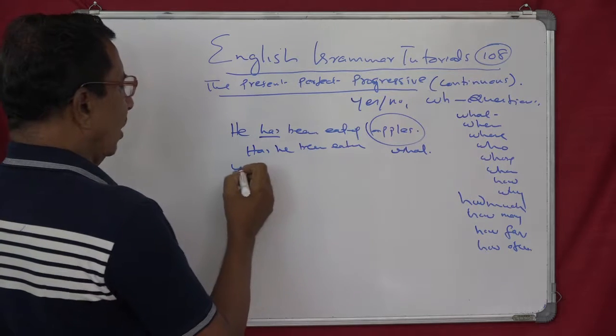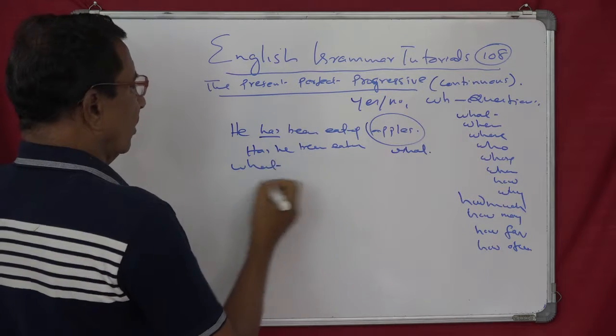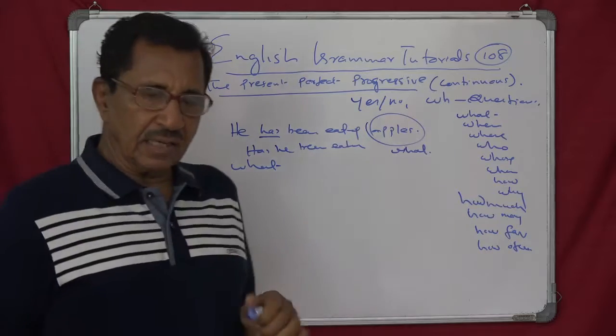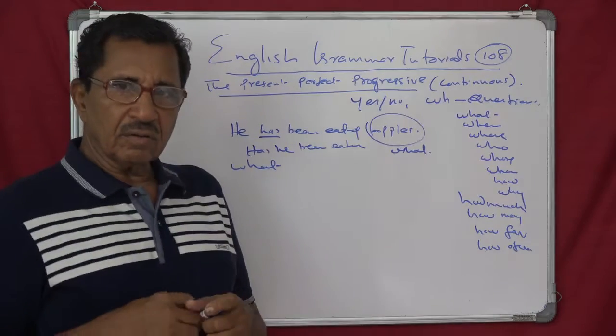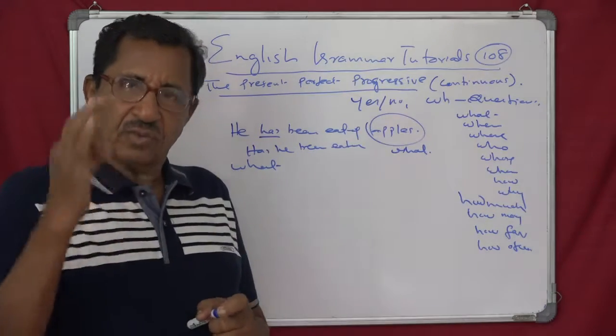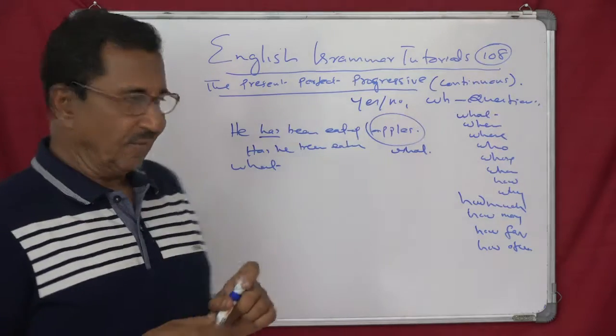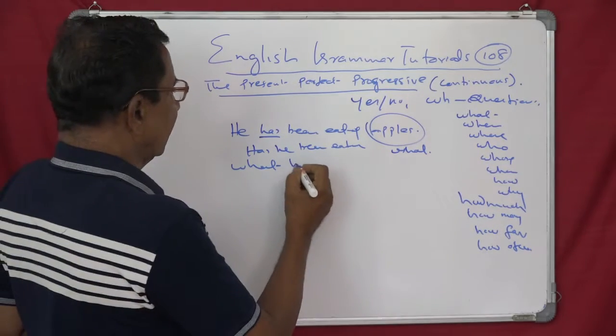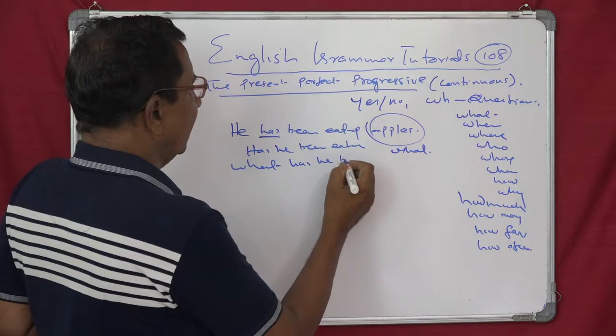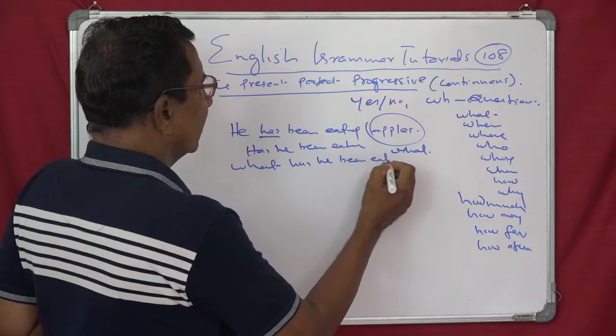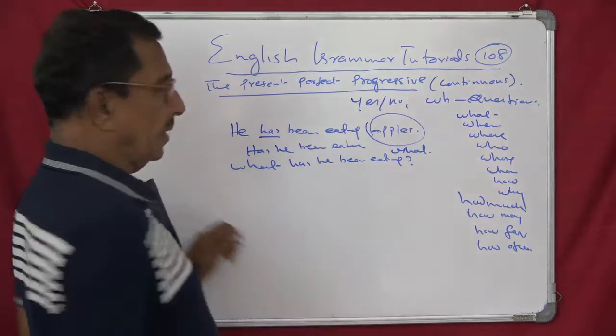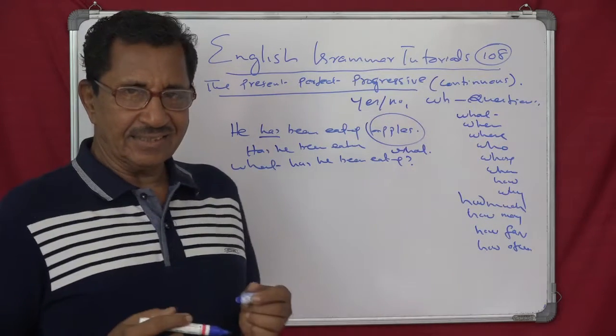The question word has to be brought to the front of the sentence. In English, a question should begin with the question word. That's very simple. Yes, what has he been eating? Then you will get apples in the answer.